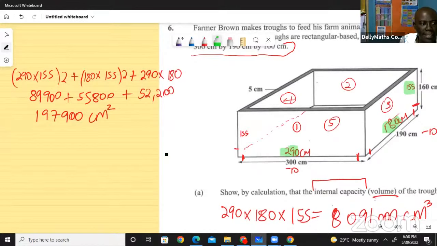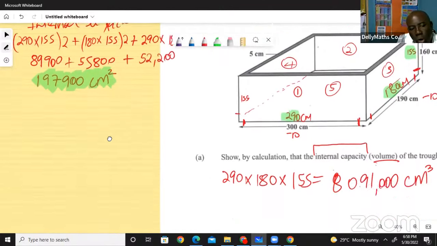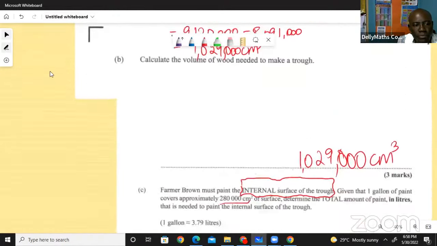This is the total interior or the total internal surface. This is the internal surface that he needs to paint. So we have 197,900. Now let's reason this out where the reasoning ought to be done.